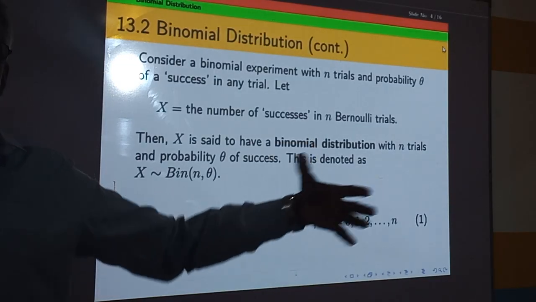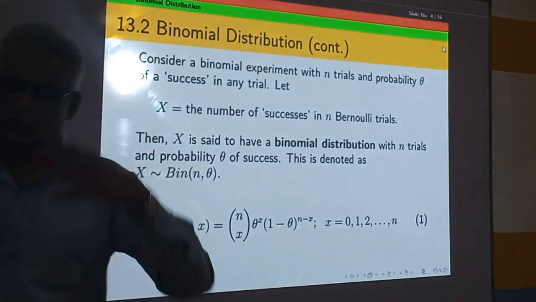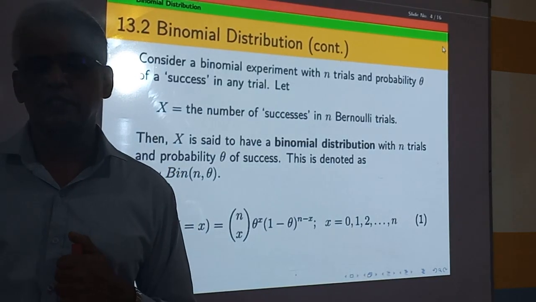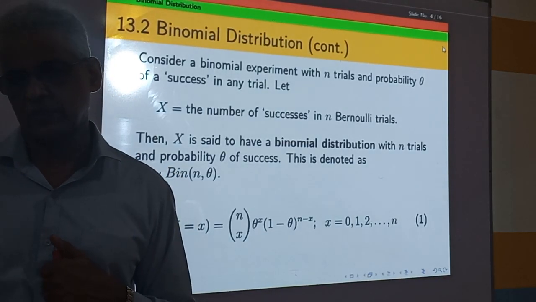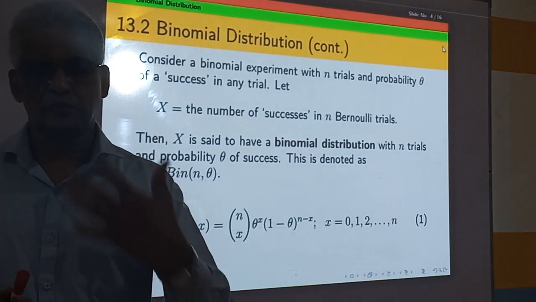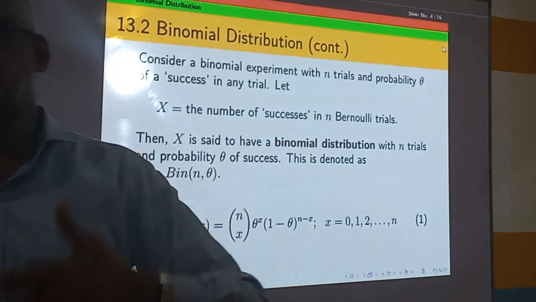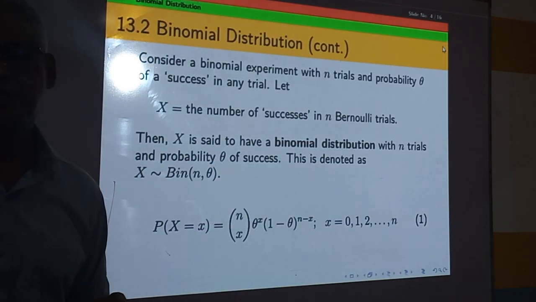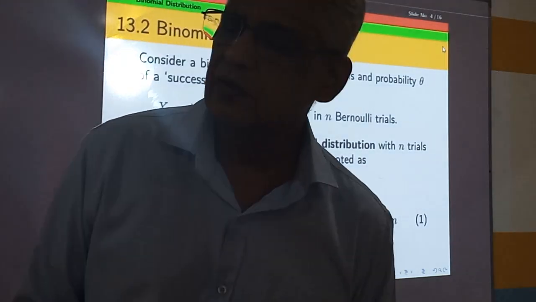Suppose you have 10,000 items in a lot or batch, and you are going to look at whether the items are defective or non-defective, but you are taking only a sample of 10 items.